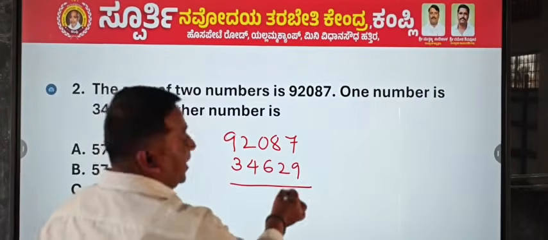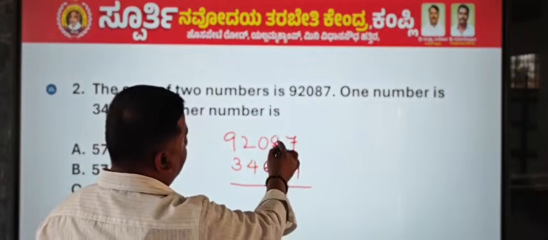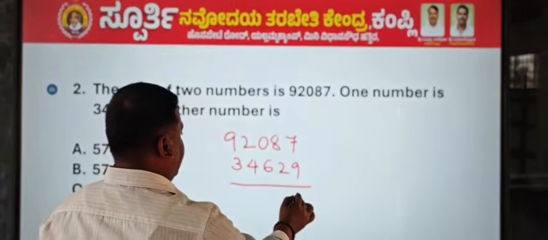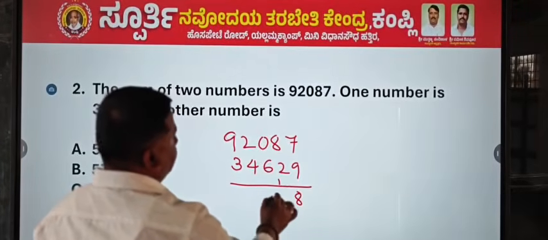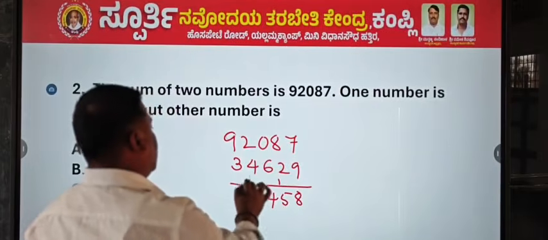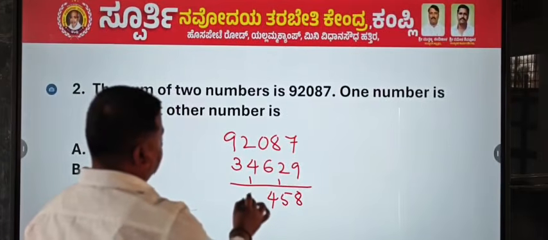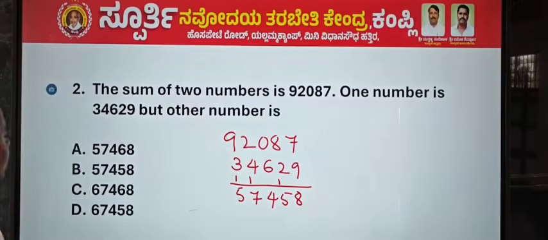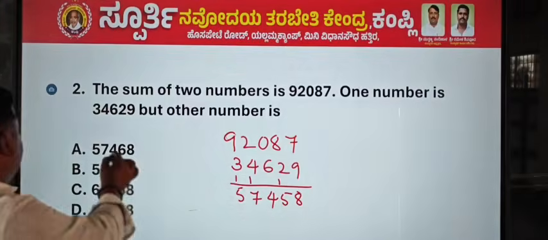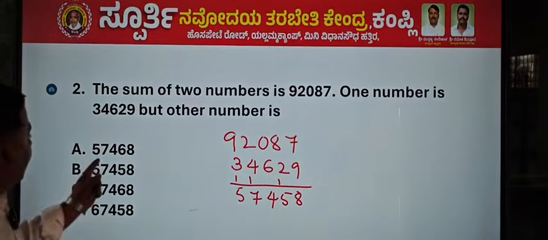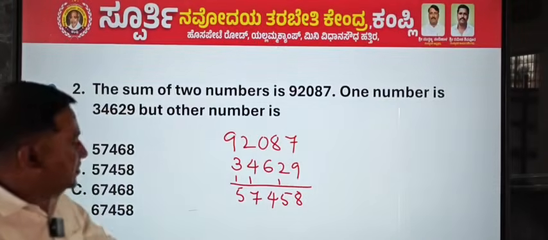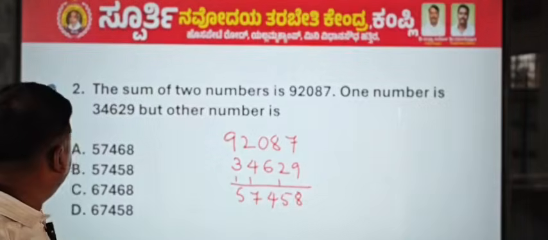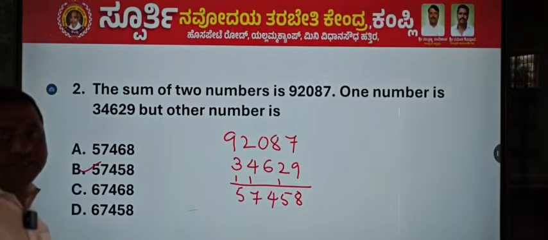See, 7 minus 9 does not happen, so you borrow from the next digit. 17 minus 9, 8. 8 minus 3, 5. 10 minus 6, 4. 12 minus 5, 7. 9 minus 4, 5. So 57,458. Here, option A is 57,468, it is wrong. Option B, 57,458, is the right answer.